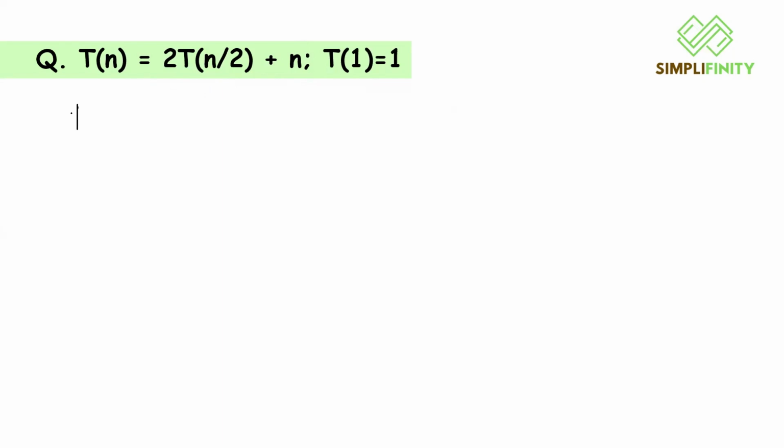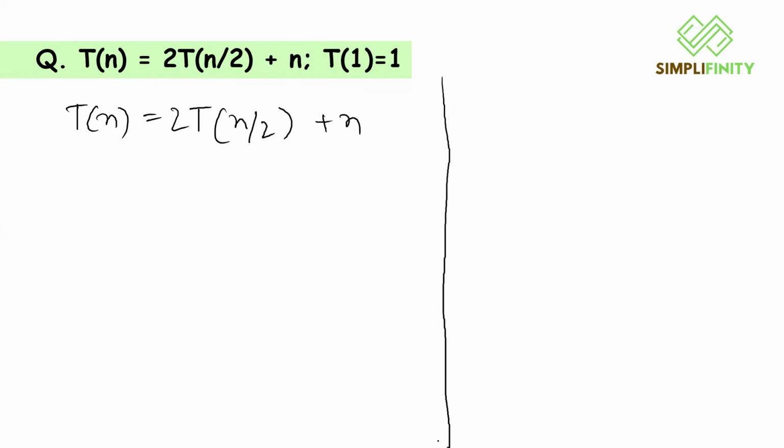So let us start as we do. T of n equals T of n by 2 plus n. Now we are going to do some rough work over here. As I have already told you, n by 2 means that n is decreasing. n is getting halved every time, in every step actually.